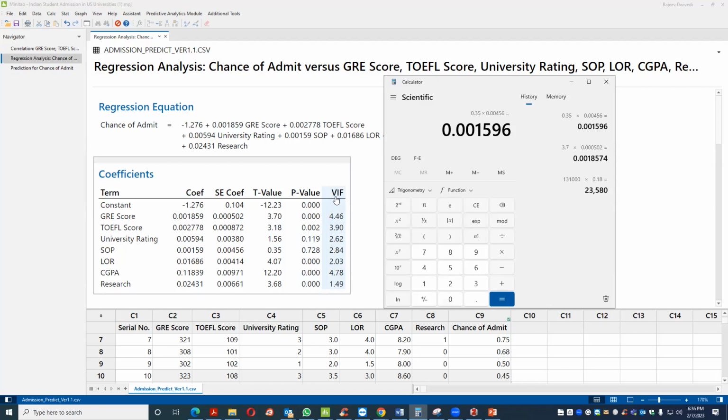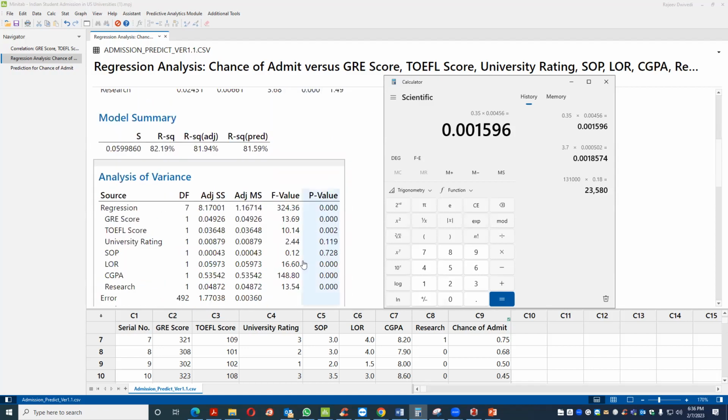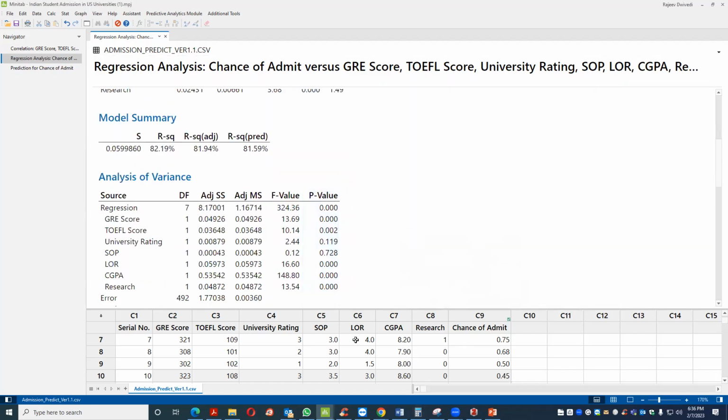Why? Because if, let's say, these two variables are the same, or all the variables have a high relationship, 90% or 0.99, then they are showing exactly the same behavior.